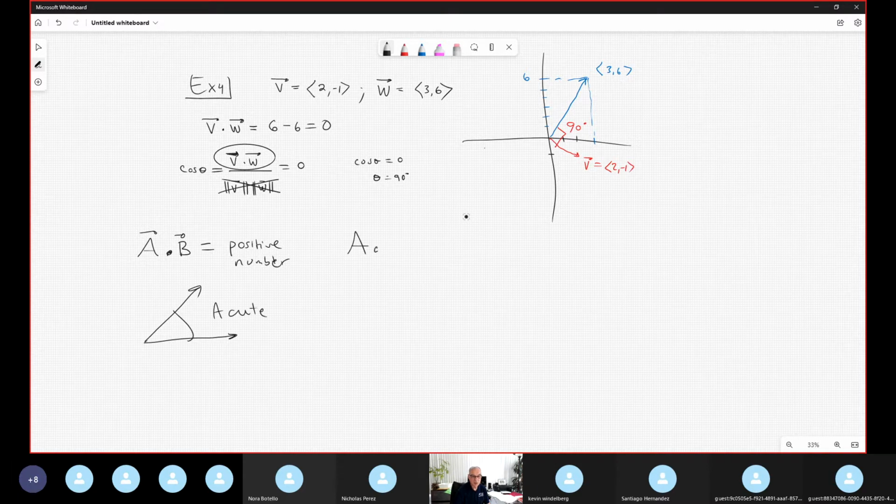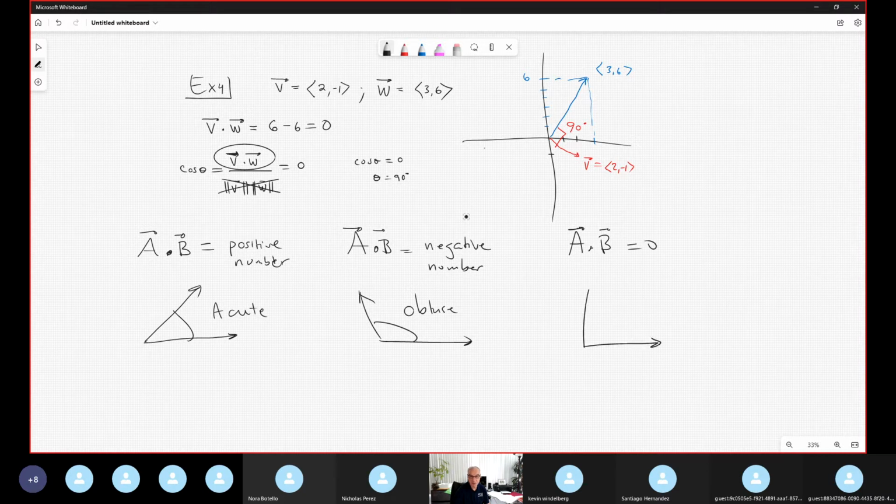When A dot product B is a negative number, the angle is obtuse, greater than 90 degrees. And when the dot product answer is 0, that means that the vectors are perpendicular.